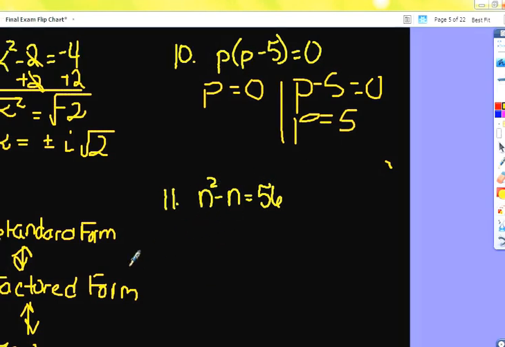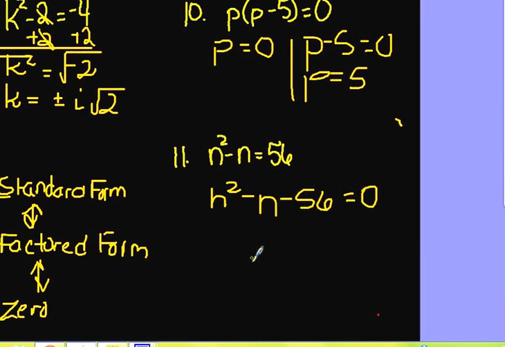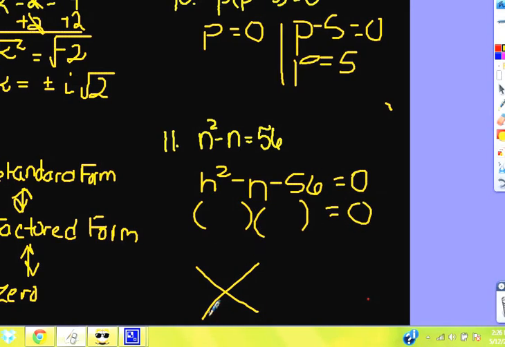Okay, number 11. It's definitely not in factored form, but it's not even in standard form. With standard form, ladies and gentlemen, we need to make sure that we pull the constant over and set it equal to 0. Now this looks like we can factor it into two binomials. If not, we'll have to use quadratic formula. But let's just see.